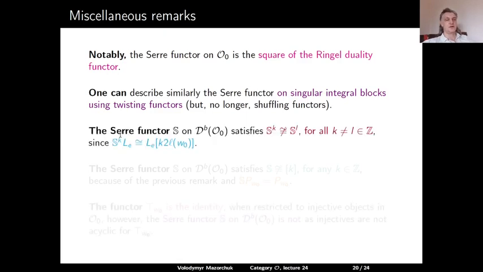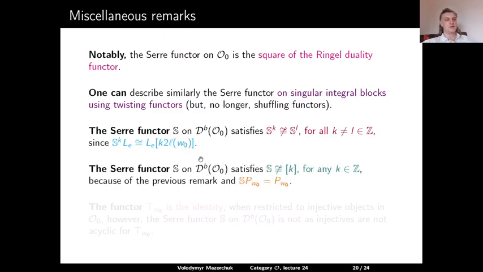The Serre functor on the bounded derived category of O_0 satisfies the property that all different integral powers of this functor are not isomorphic. This is seen in the easiest way when we apply the Serre functor to the simple object L(e). So the k-th power of S applied to L(e) gives us L(e), which is shifted in the homological position by k times 2 times the length of w0.